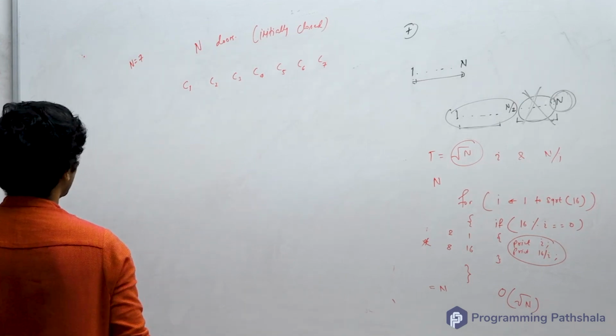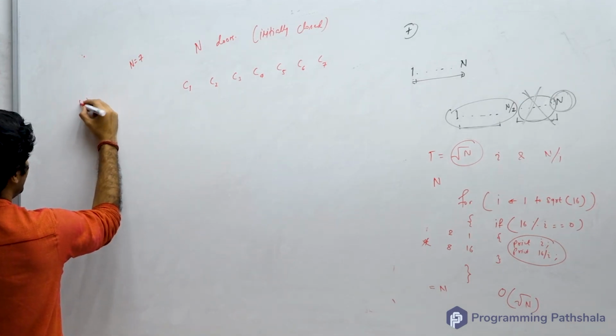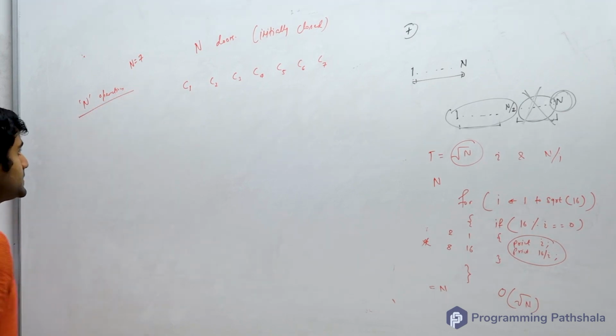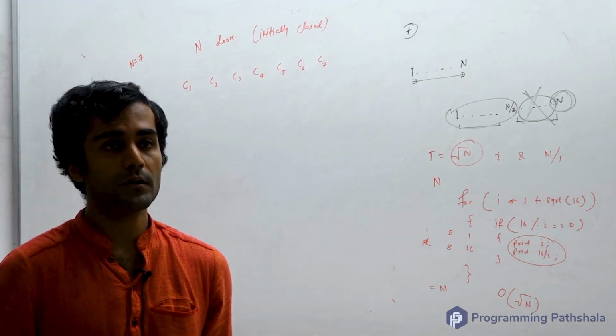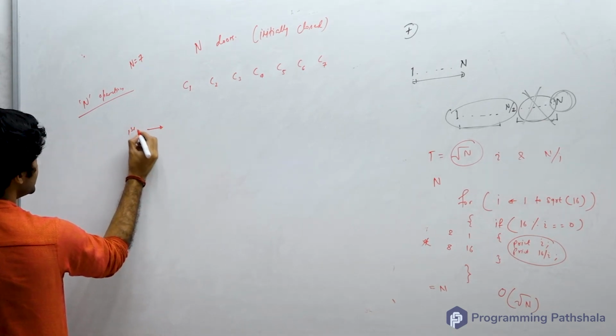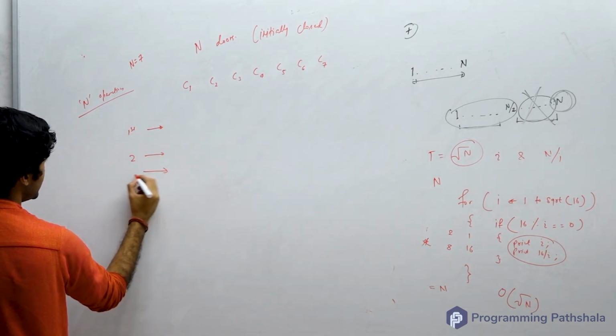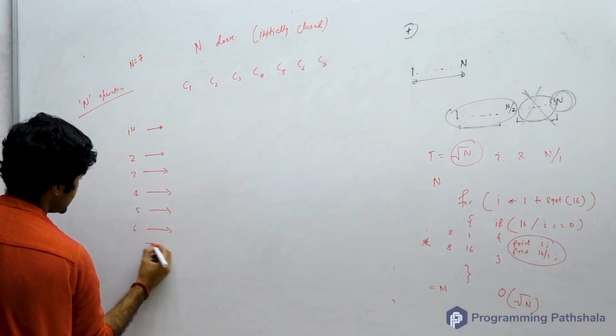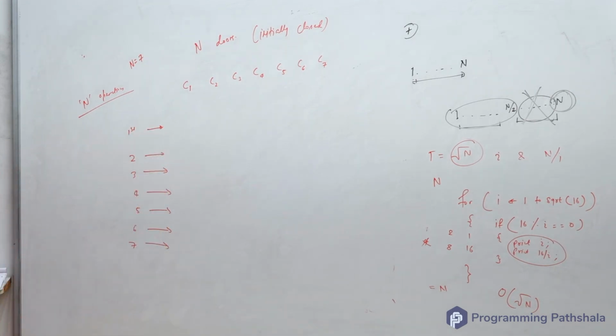Now there are n operations that are performed. So this will be your first operation, this will be your second, third, then fourth, fifth, sixth, then seventh. So n operations will be performed.